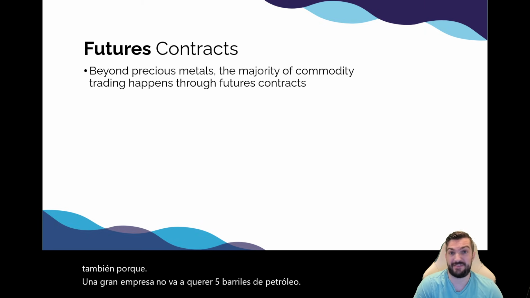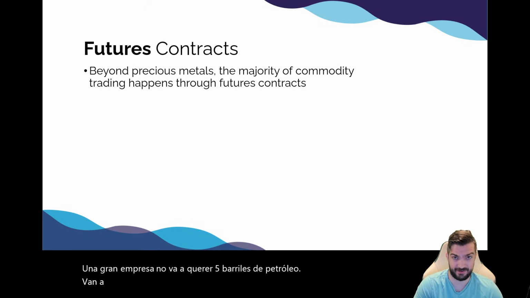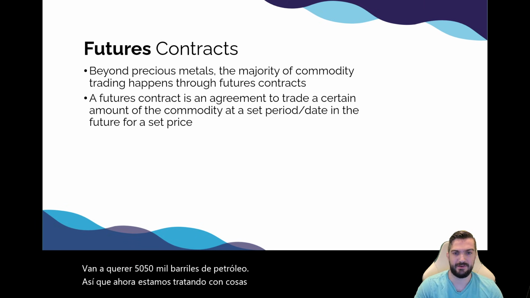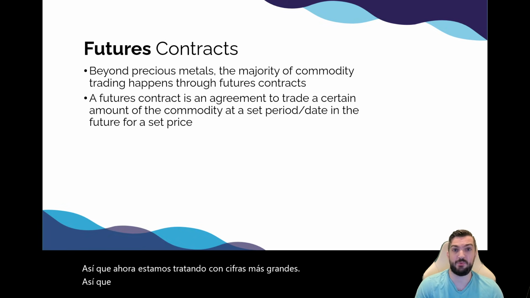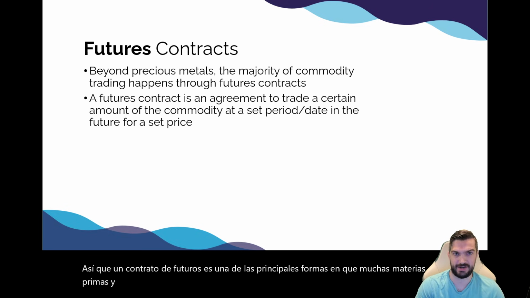They're going to want 5,000, 50,000 barrels of oil. So now we're dealing with bigger numbers. So a futures contract is one of the main ways that many commodities and most commodities are traded.